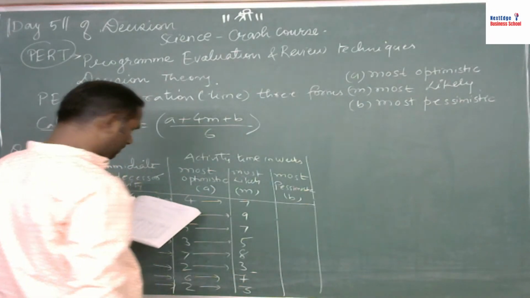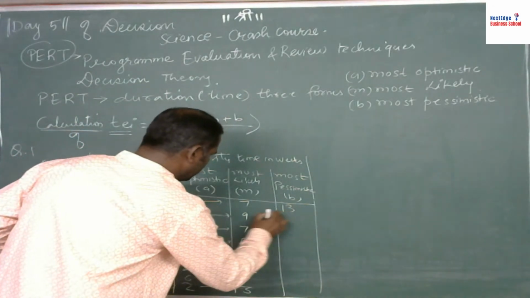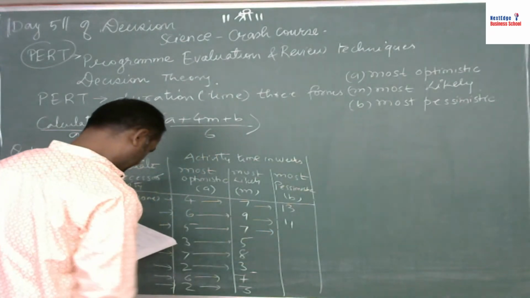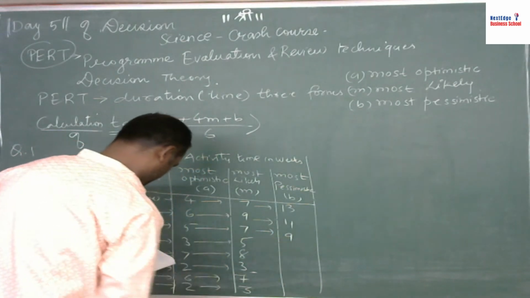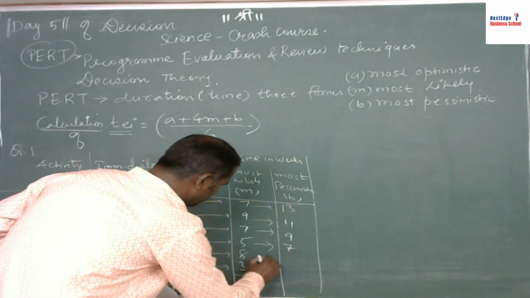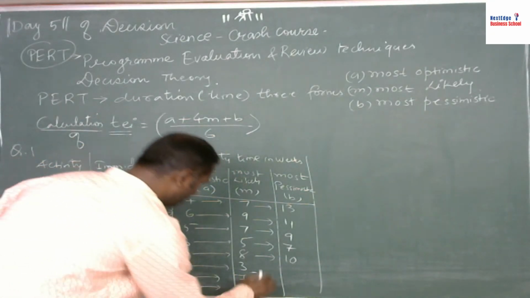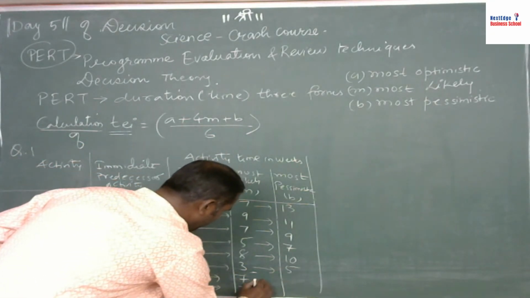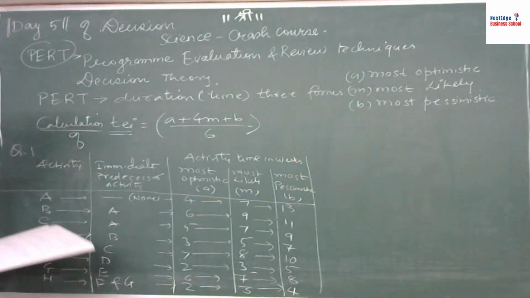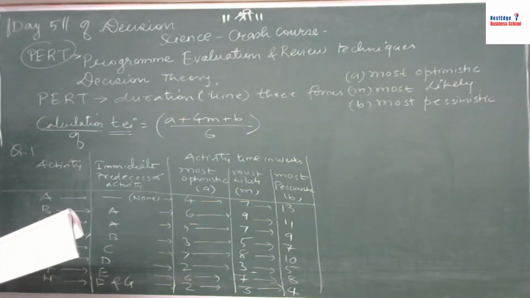And most pessimistic times given here: 13, 11, 9, 7, 10, 5, 8, 4.